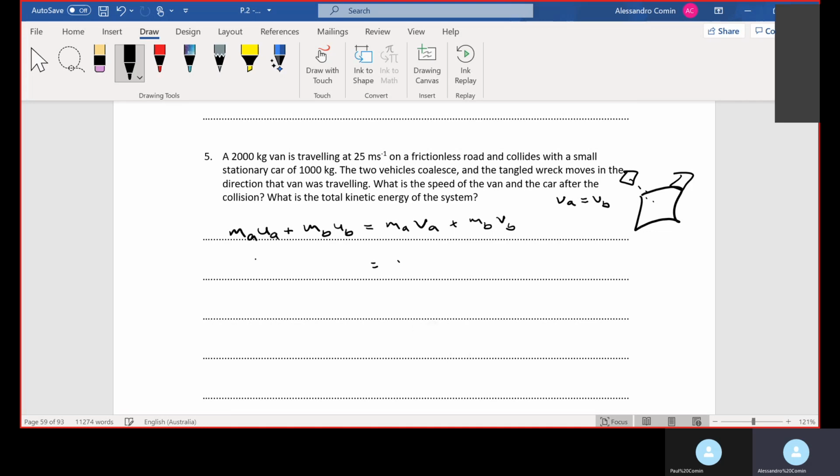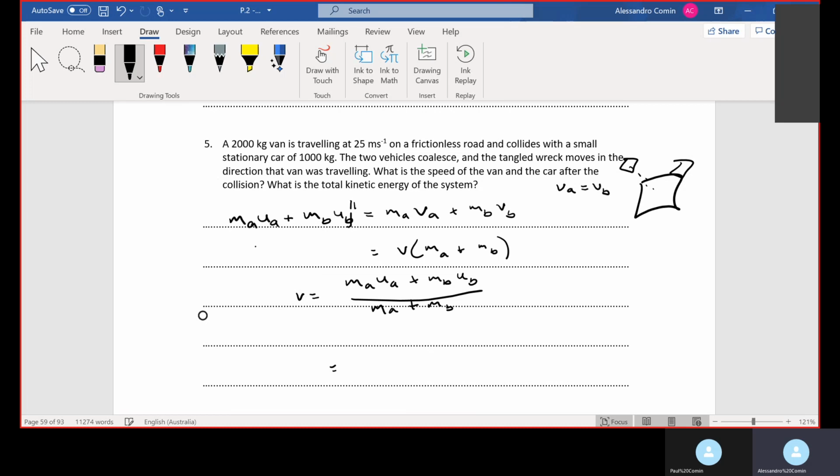So what this just means is that we're going to have V times (MA plus MB). So V is actually equal to MAUA plus MBUB over MA plus MB. And MA is going to be 2000. MB is going to be 25. And very interesting, actually, it says that it collides with a small stationary car of 1,000 kilograms. So because it's stationary, UB is actually equal to 0.